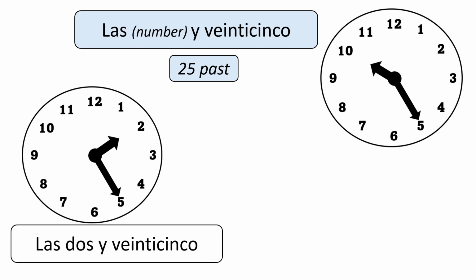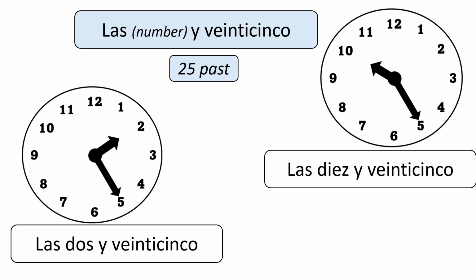It shows las 2:25. And what does the clock on the right show? Las 10:25.